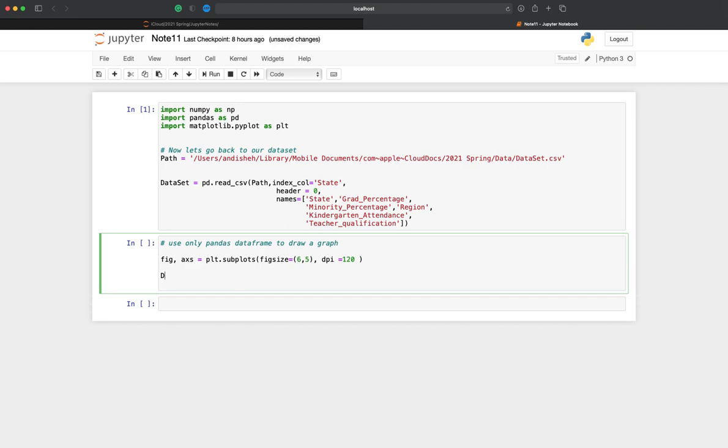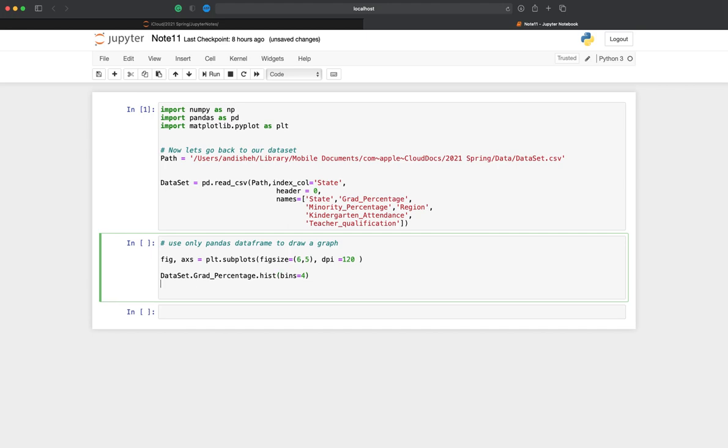Okay, so I'm going to say data set, graduate percentage, which is one of the columns in the dataset, and I'm going to create a histogram, and then I'm saying the number of bins is 4.